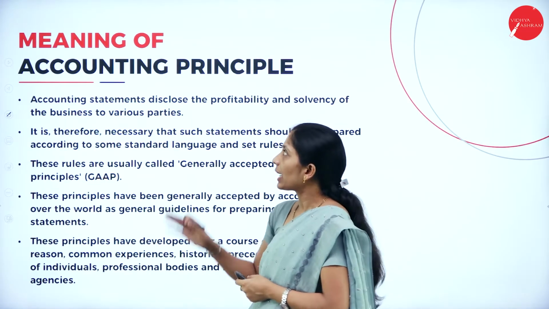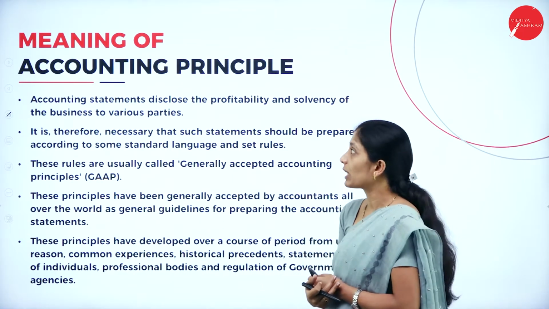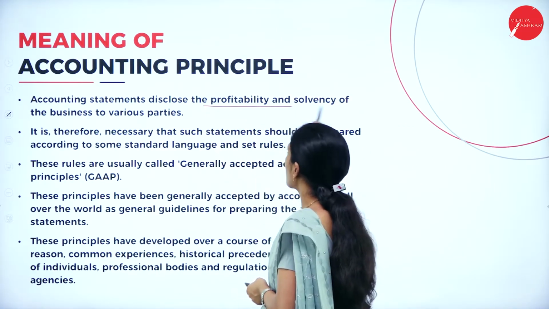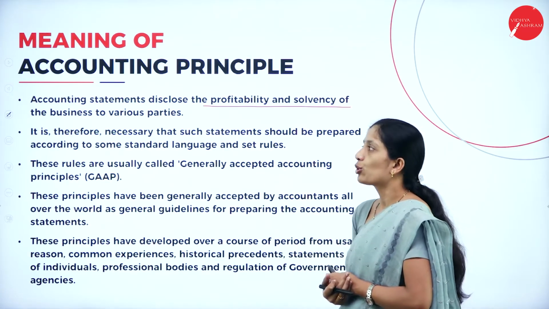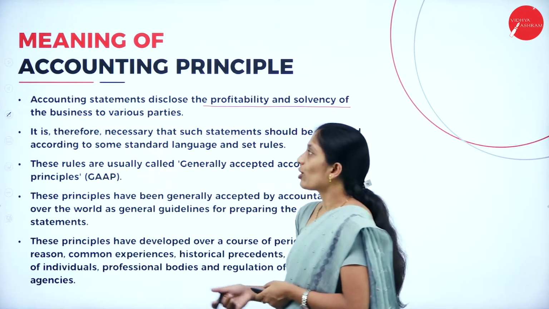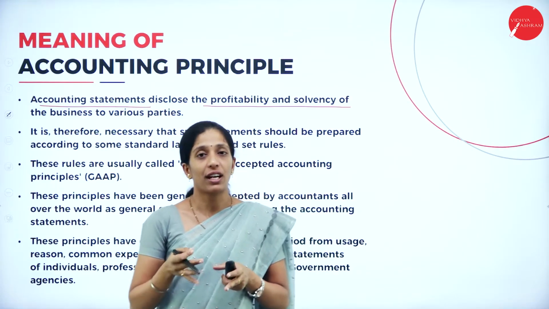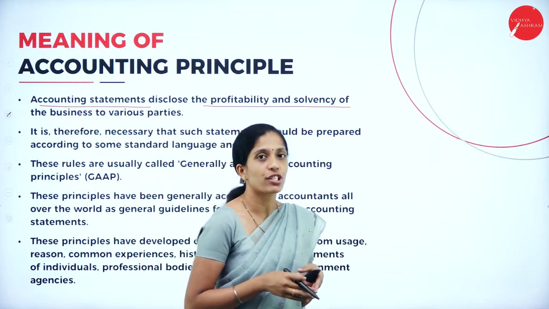Now, coming to the accounting principle. Let us see what the meaning of this accounting principle is. Accounting statements disclose the profitability as well as solvency of the business to various parties. Of course, at the end of each and every accounting year, we have to prepare the financial statement. What is the main intention of preparing the financial statement?